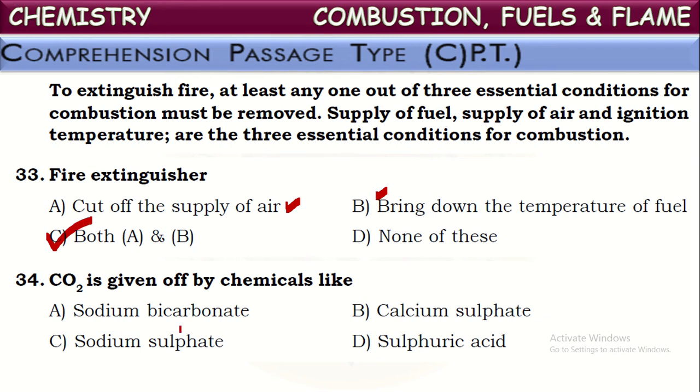Here, one of them is given, that is sodium bicarbonate. Sodium bicarbonate on heating or on reaction with certain acids produces carbon dioxide gas. Metal bicarbonates and carbonates can generate carbon dioxide gas on further reactions. Here it is given sodium bicarbonate. That is the correct answer.